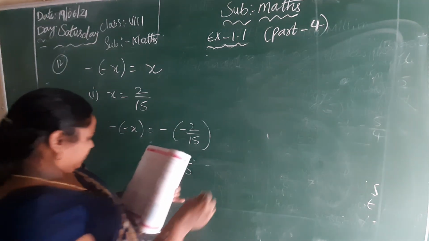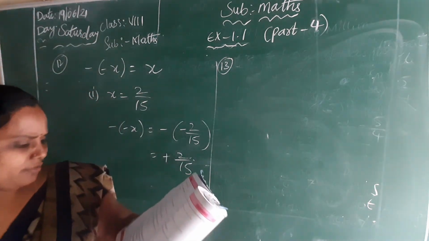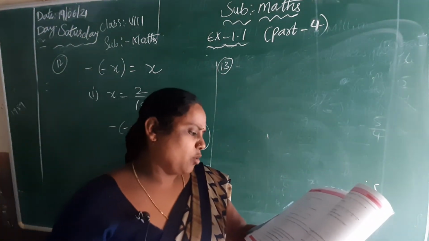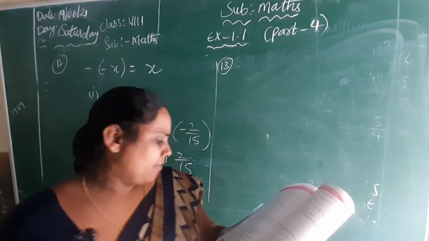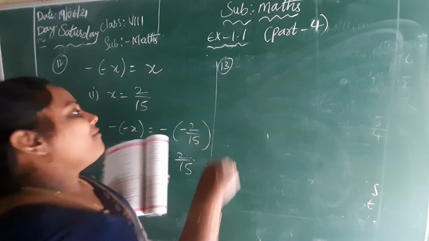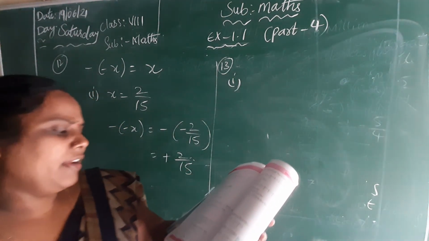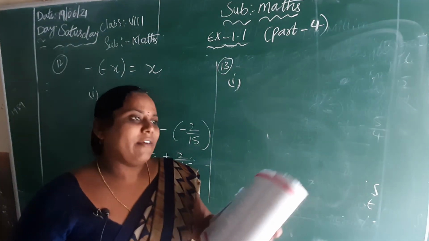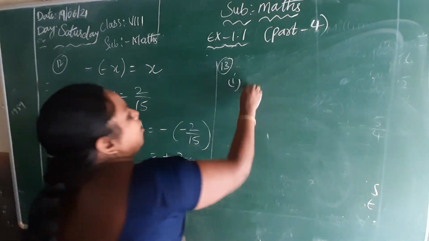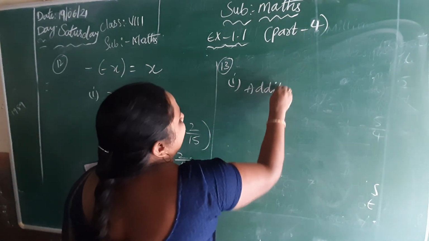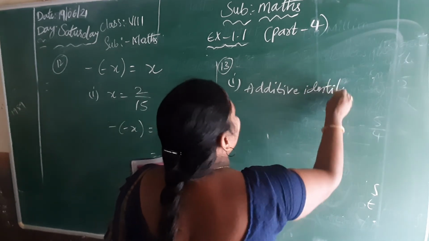Next, 13th one. The set of numbers which do not have any additive identity. First one they are asking, the set of numbers which do not have any additive identity. I told you already what is additive identity. Additive identity is nothing but 0.